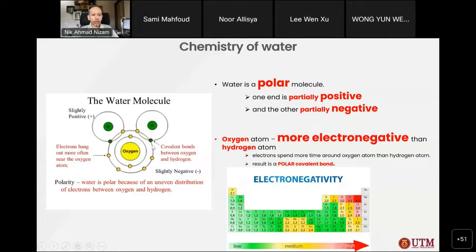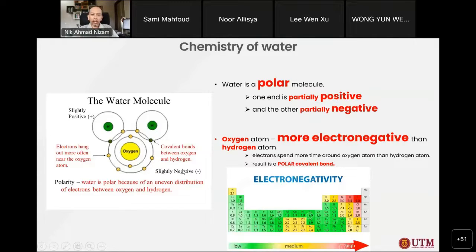So why is oxygen slightly negative? Here you can see the term we use is slightly or partially, not the full negative. The example of full negative is when we have sodium chloride, NaCl. When we put it in water, it will become Na plus, or sodium plus, and also Cl, the chloride ion.